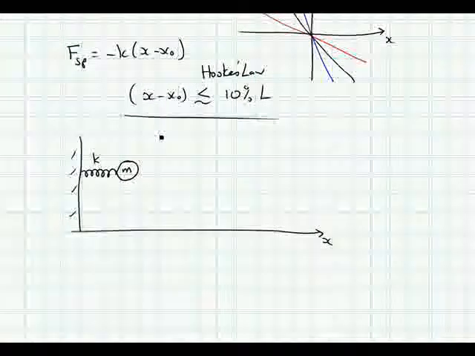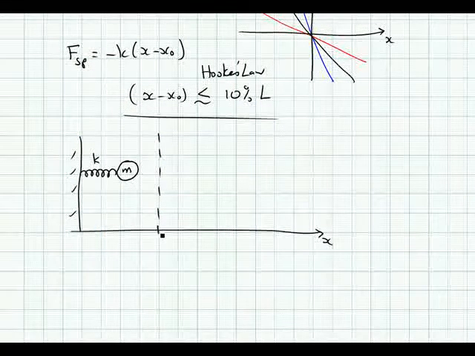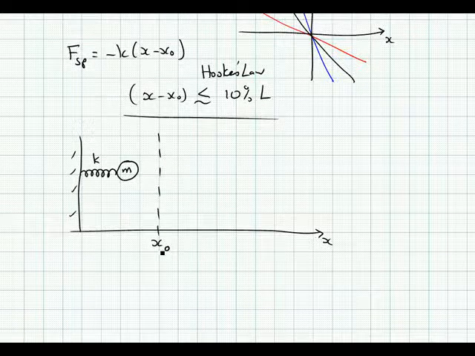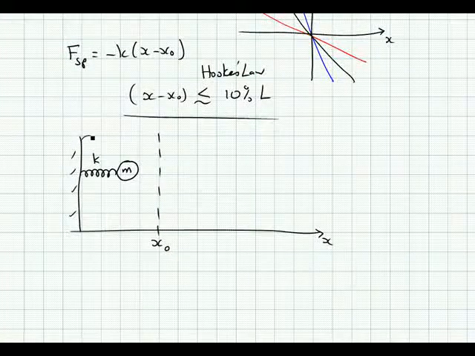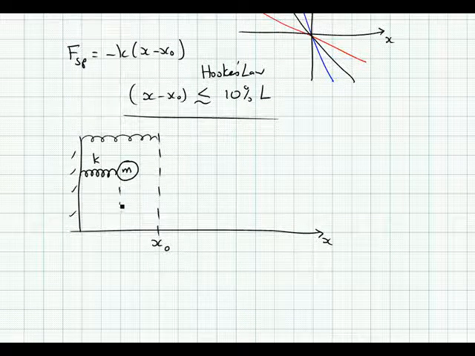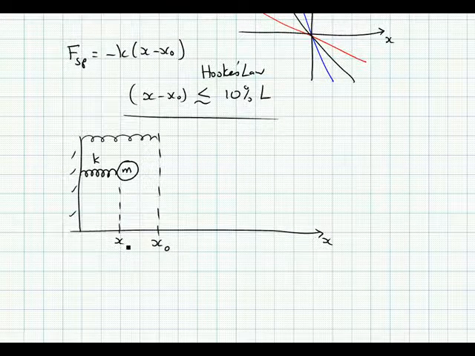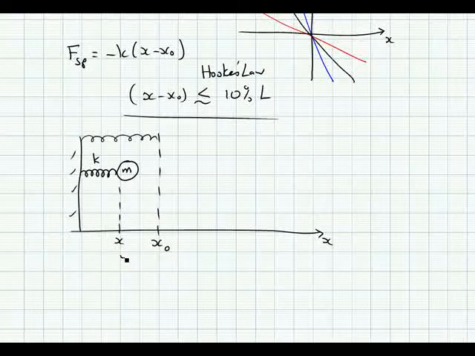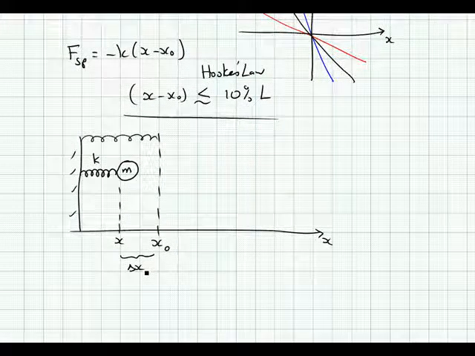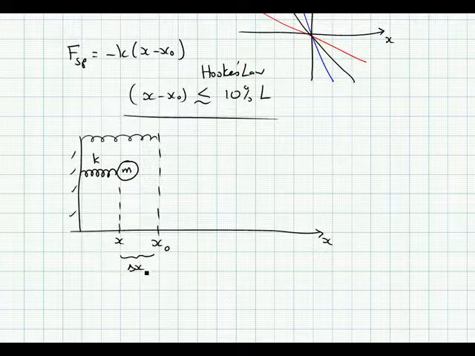The first thing that you need to do in a problem involving a spring is define or know where your equilibrium position, x naught, is. That's the natural length of the spring right there. Okay, so the spring is compressed by the amount x minus x naught. This here is our change in the length of the spring, which is the amount of compression in this case.